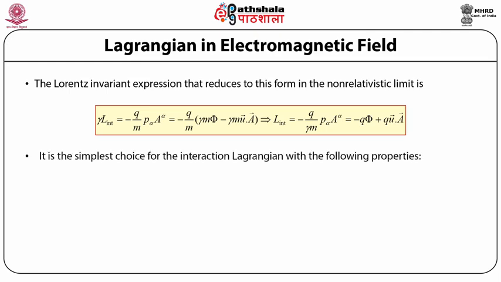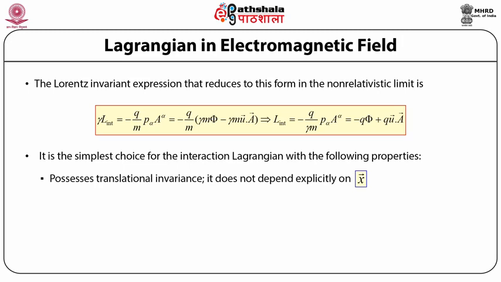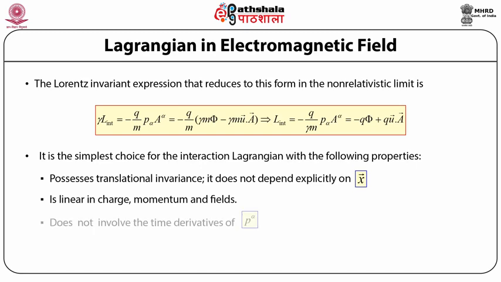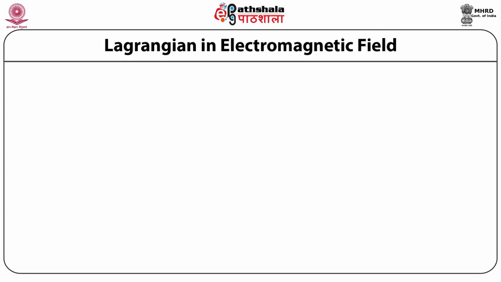It is the simplest choice for the interaction Lagrangian with the following properties. Possesses translational invariance, that is, it does not depend on x, the potentials do depend on it. Is linear in charge, momentum and fields, and does not involve time derivatives of p_alpha.